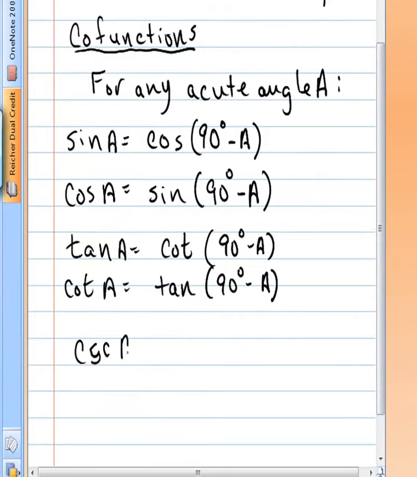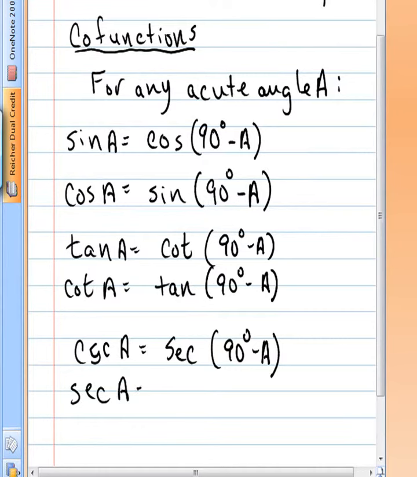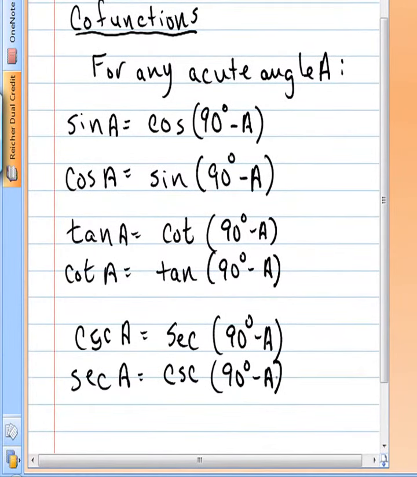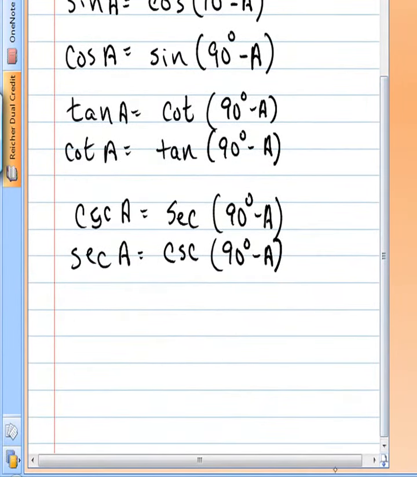Cosecant A is equal to secant of 90 degrees minus A, and secant A is equal to cosecant of 90 degrees minus A. Let's see how this works in a problem.